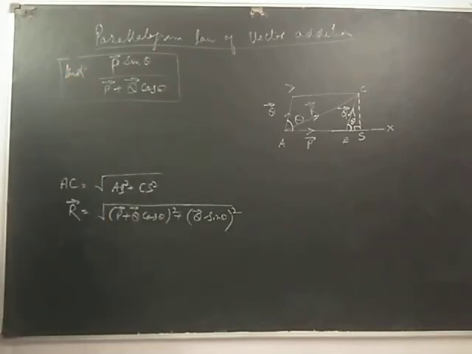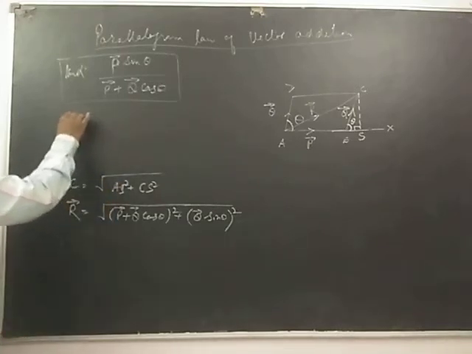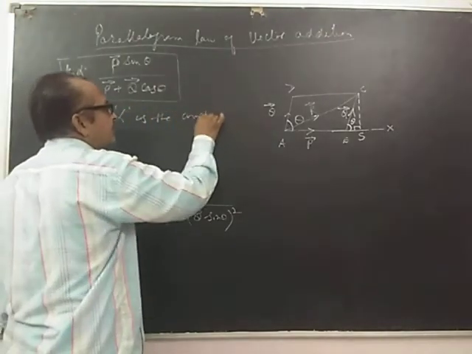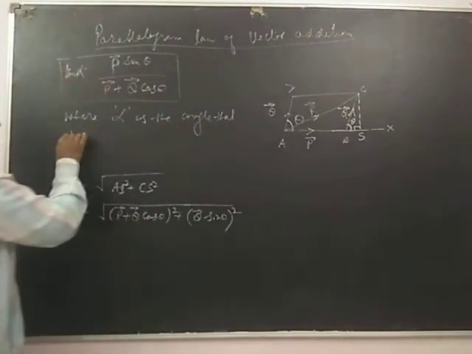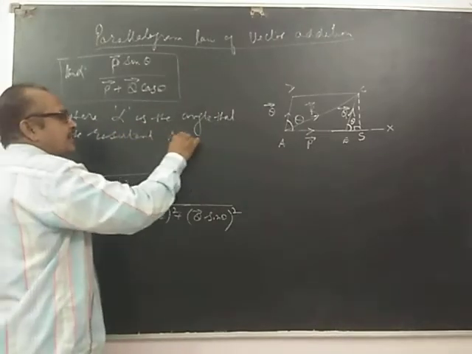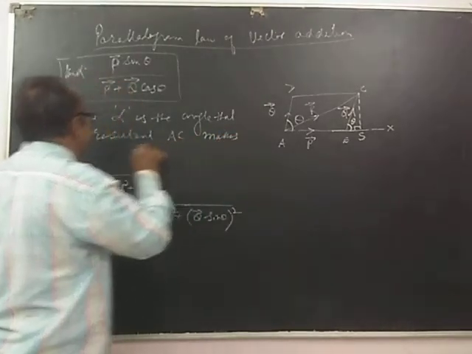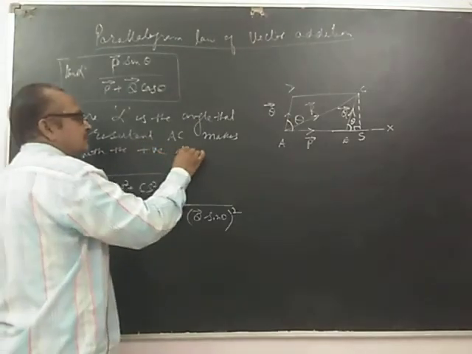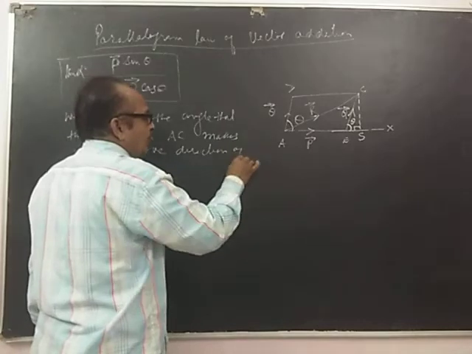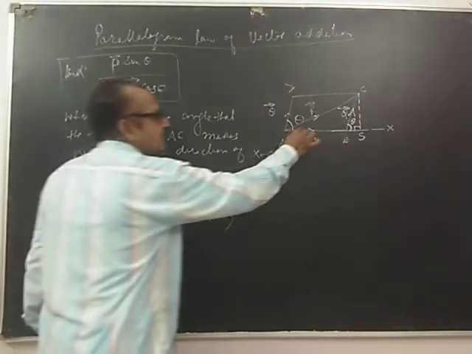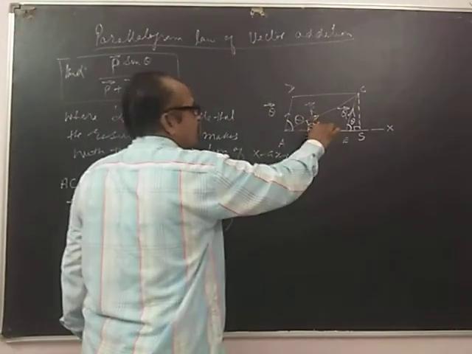This is the value of tangent alpha, where alpha is the angle that the resultant AC makes with the positive direction of x-axis. So this angle will be alpha.